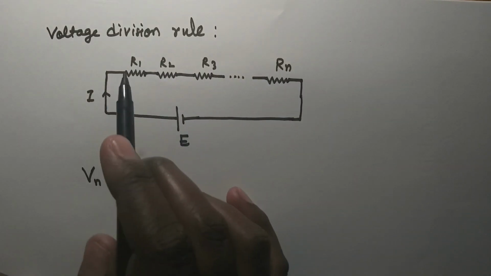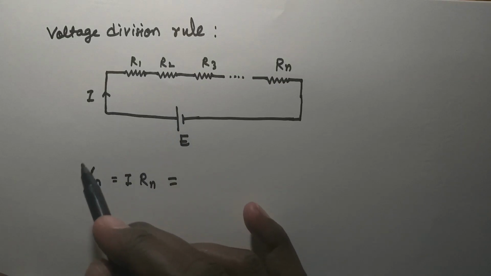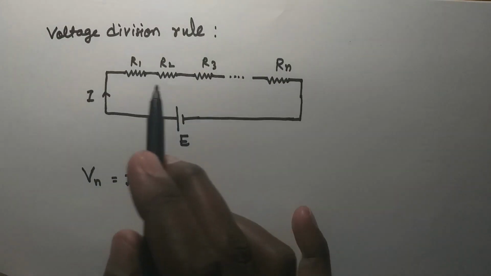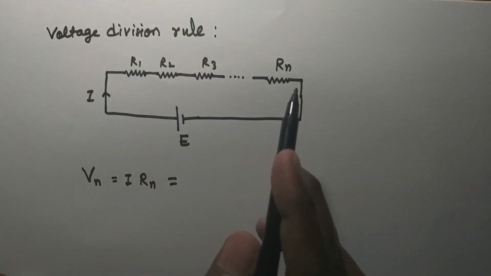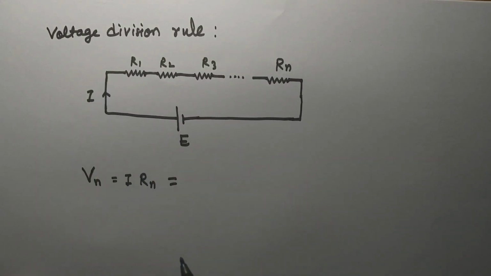So this is the rule to give the voltage across any resistance when several resistances are connected in series.